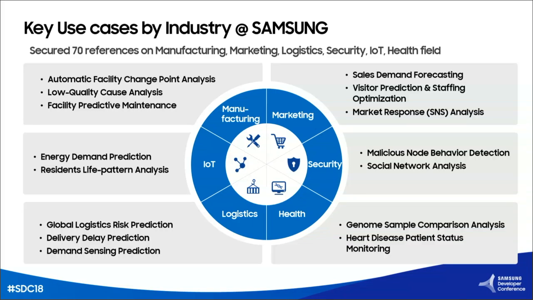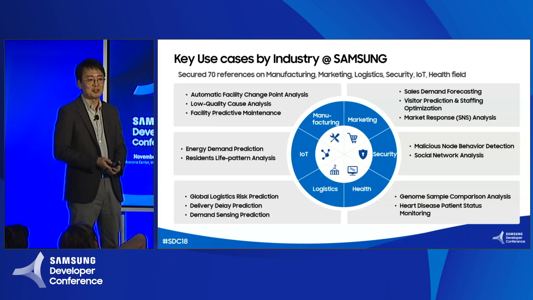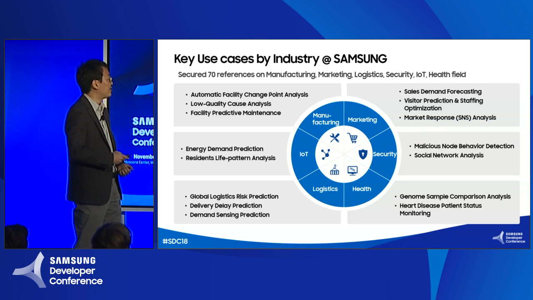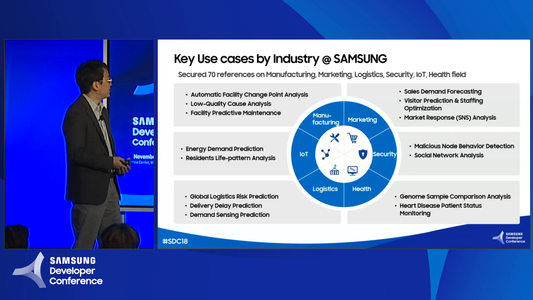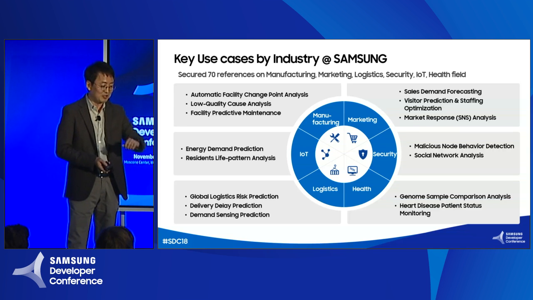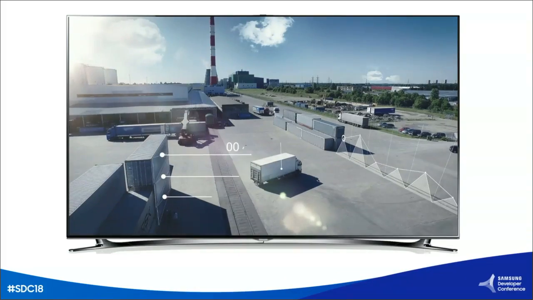It has been more than 5 years that we have worked on it. We have secured 70 references in Samsung affiliate companies, mostly in manufacturing and marketing areas, and logistics, where we have a demand sensitive prediction area. We'll show just a 1 minute video clip, the last video clip we're going to show you here.